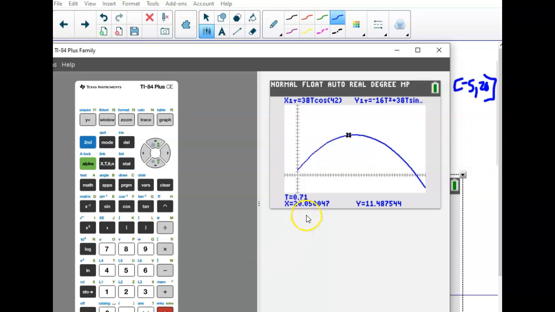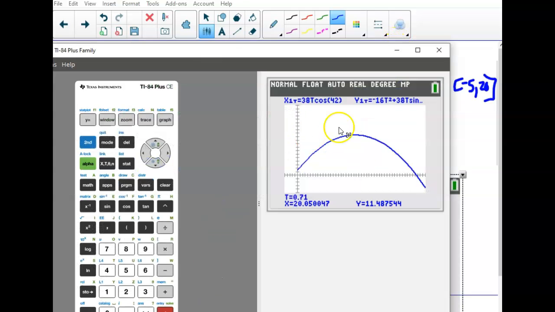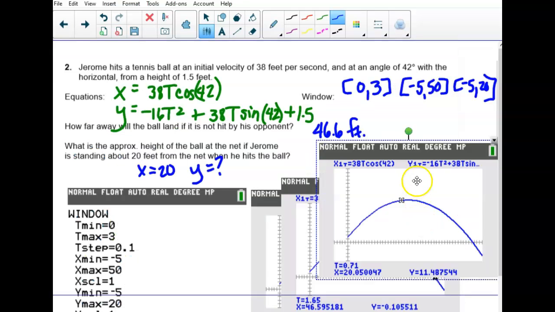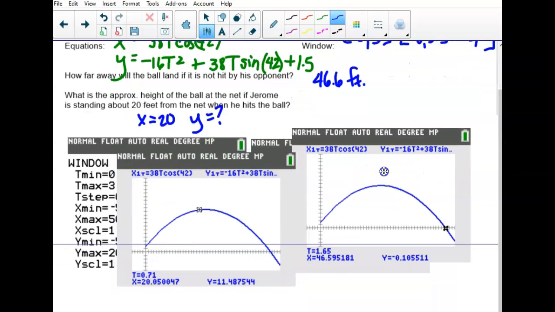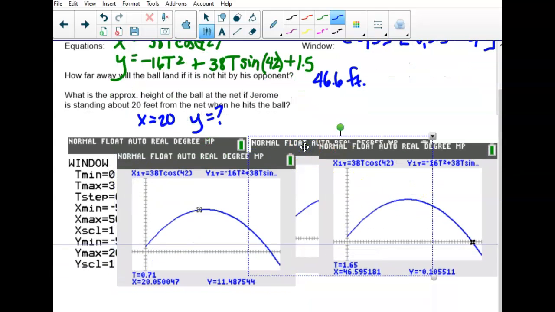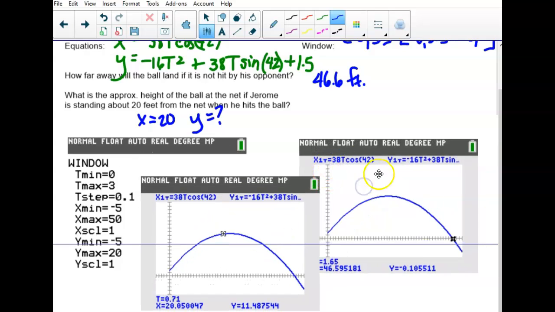There, that's pretty darn close to 20. So I got it's about 11.5 feet in the air. And if you weren't that exact, it's okay. So 11.5 feet was the approximate height of the ball at the net.